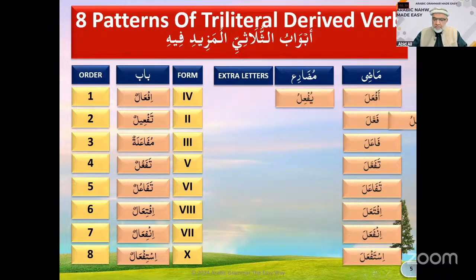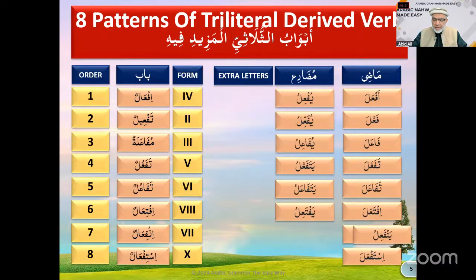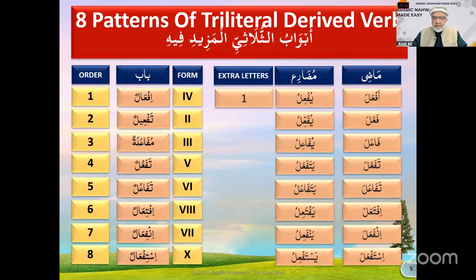Then the Muḍāri patterns is these. And remember Mazeed Feeh, some of them has extra 1 letter, some of them have extra 2 letters, and some of them have extra 3 letters or more. So Afala or If'ālun has 1 extra letter. Baab Tafeel has 1 extra letter.